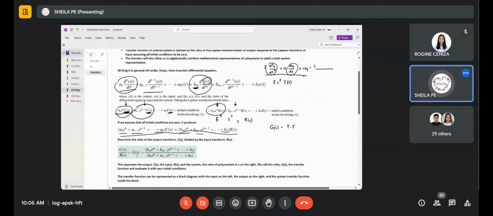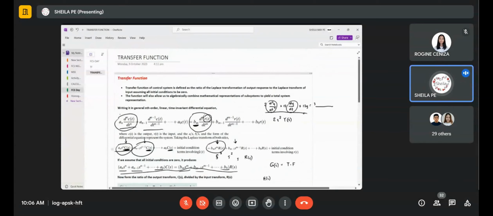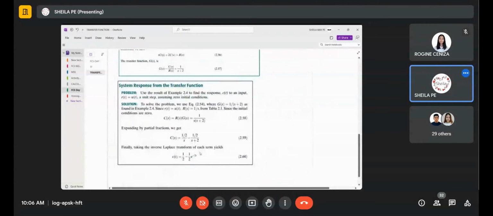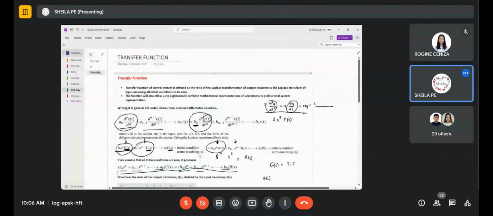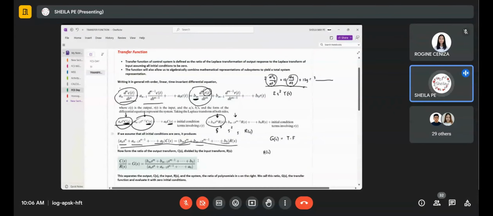Some textbooks use H of s, and some use just the letter T. But with this one, what we use is G of s, which is what our book uses. Nice book.